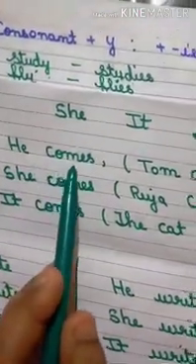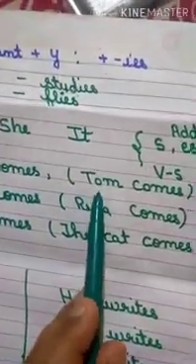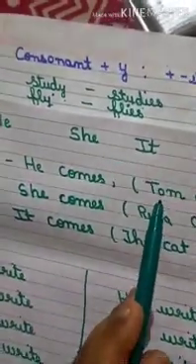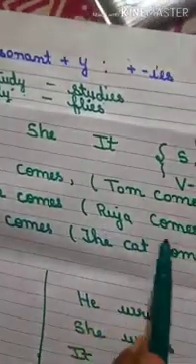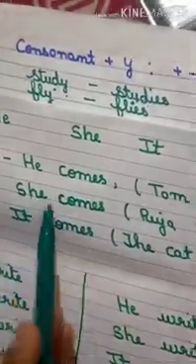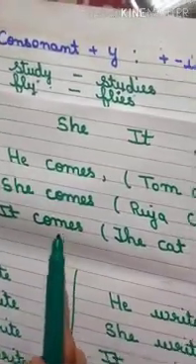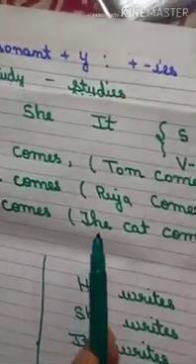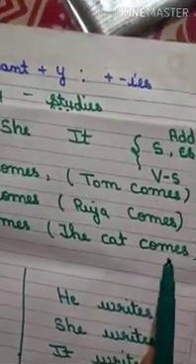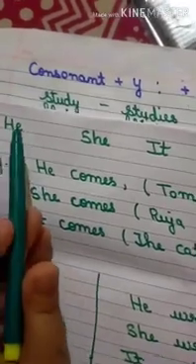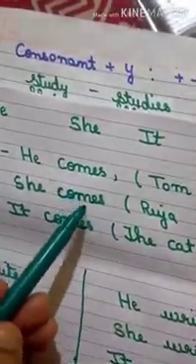He comes, or we can say Tom comes. She comes, Ria comes. It comes, or we can say the cat comes. So in he, she, it, we add s.